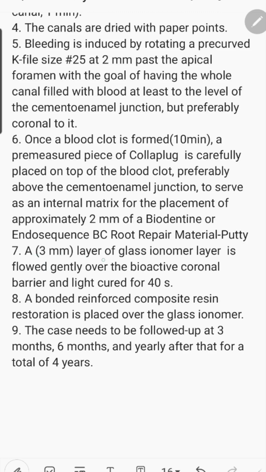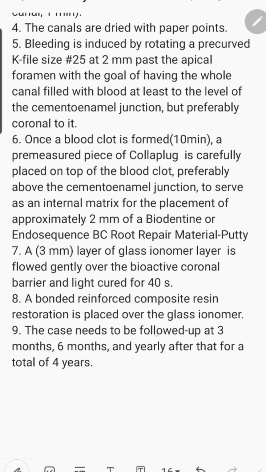A 3 millimeter layer of glass ionomer is flowed gently over the bioactive coronal barrier and light cured for 40 seconds. A bonded reinforced composite resin restoration is placed over the glass ionomer.